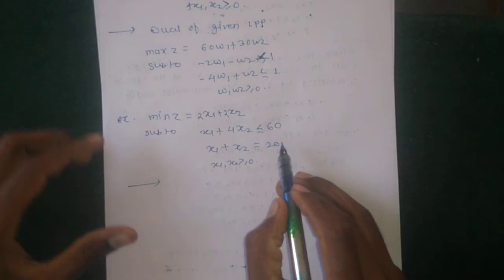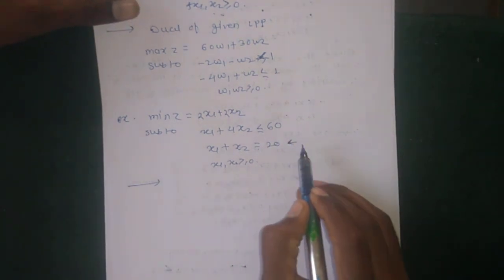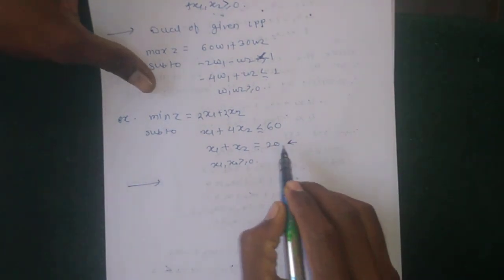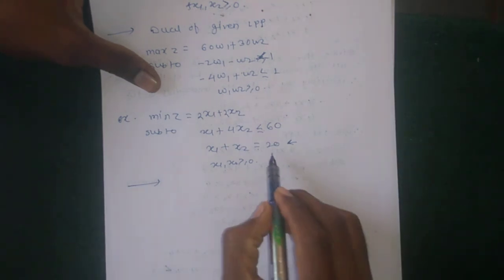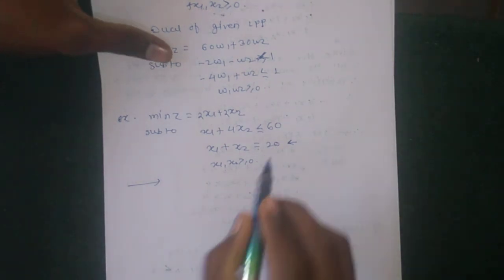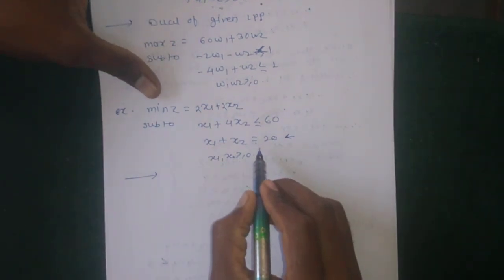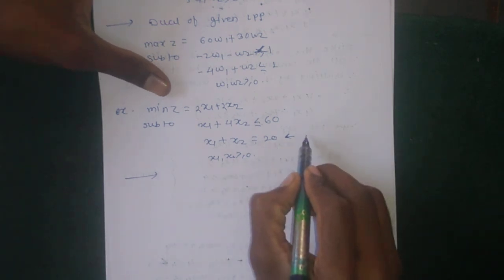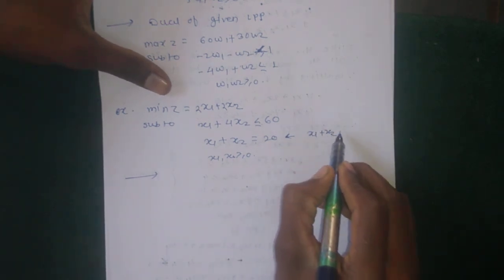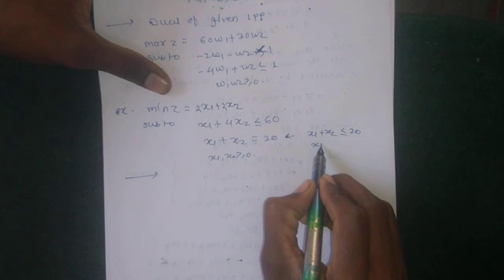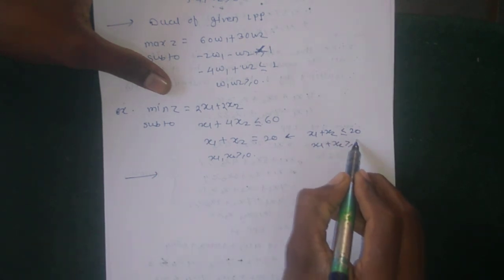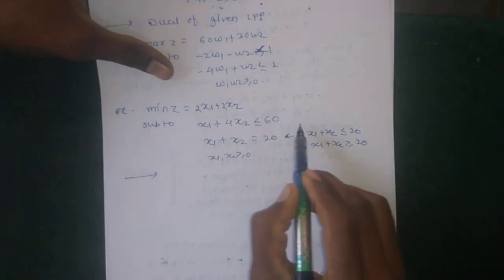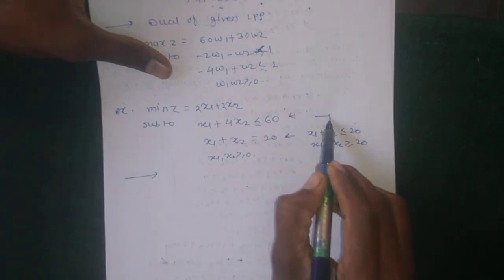Firstly, these constraints are less than or equal type, and this one is equal type, therefore we write it in canonical form. In the canonical form, this constraint is written as x1 plus x2 is less than or equal to 20 and x1 plus x2 is greater than or equal to 20. And this constraint is written as it is.